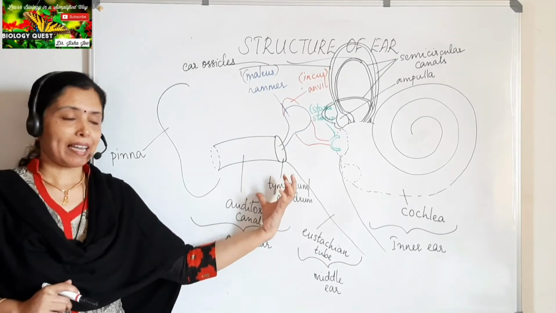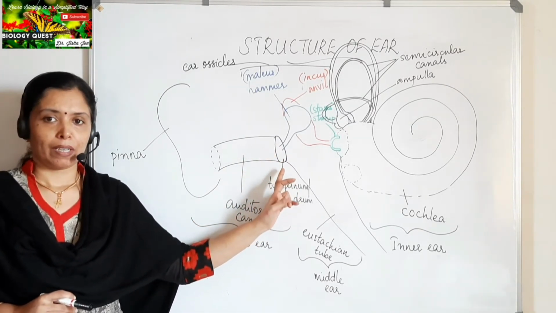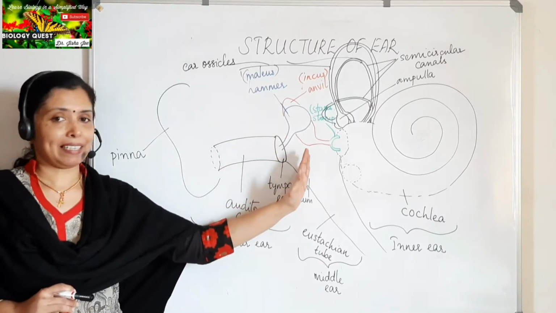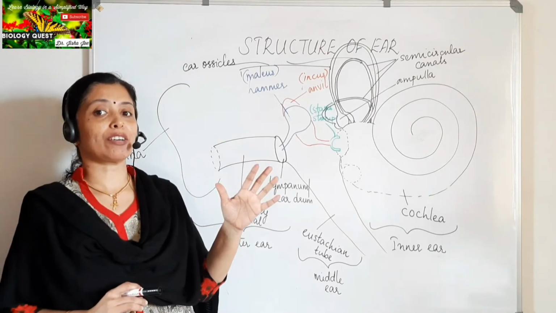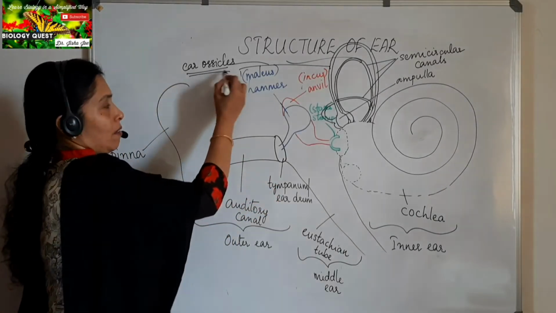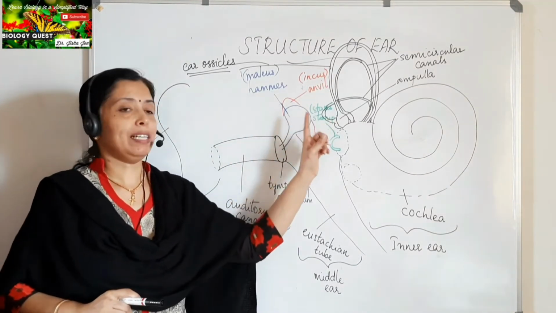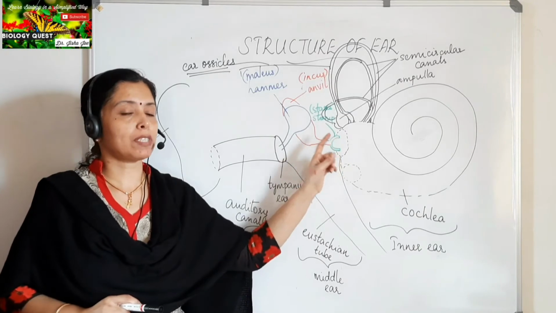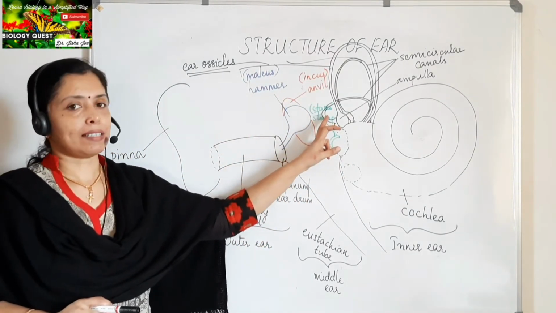The auditory canal leads to the eardrum or the tympanum. The middle ear has 3 tiny bones which are collectively called the ear ossicles. The 3 bones are the hammer, anvil, and stirrup. Scientific terms are malleus, incus, and stapes.